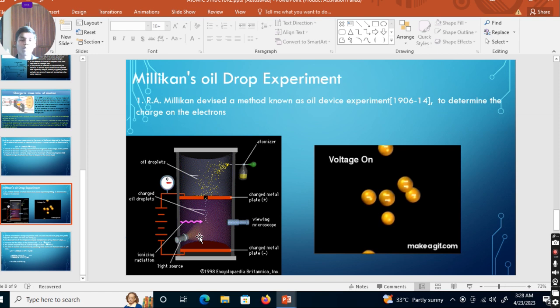Some particles move upside. The charged particles acquired negative charge through the X-rays. This negative charge is attracted towards the positive plate, right? Unlike charges attract each other. So some oil particles move upside, some are slowed down, and some particles stop at the middle.